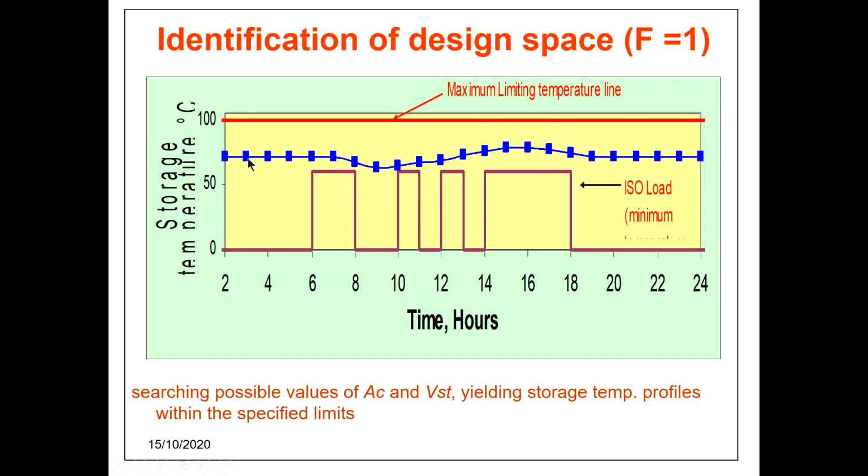Now corresponding to a collector area and storage volume, this temperature profile must be between 60 degrees Celsius, this line, and this line. So for this we search all the possible values of collector area and storage volume. How that is obtained, we will see.